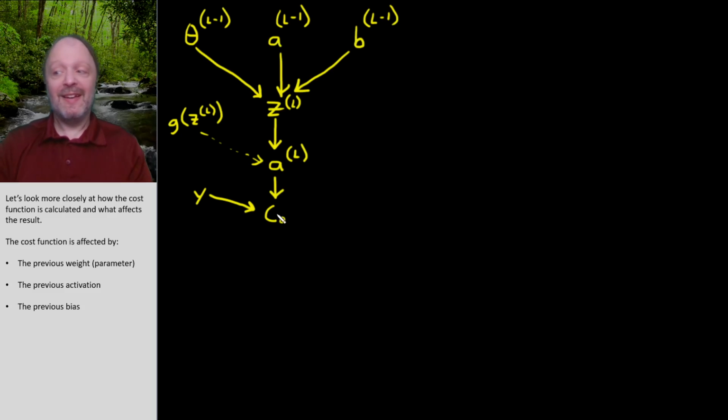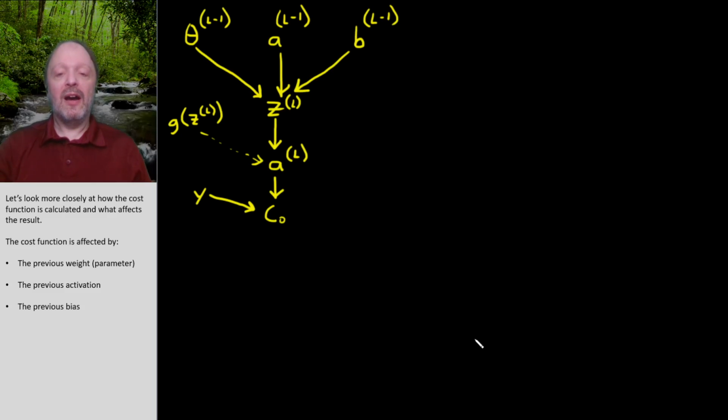Okay? So when you get down to it, the things that can actually affect the cost are just three: previous weight, previous activation, previous bias. Those are the three components that can have an effect on the cost. I know, we're getting there.